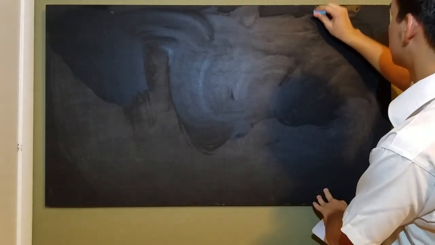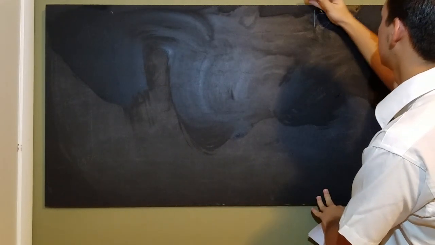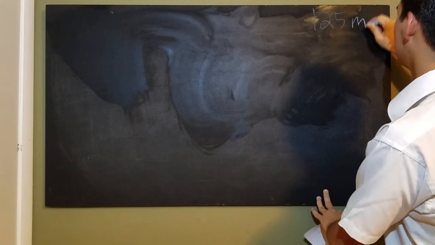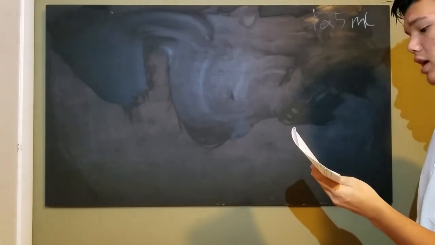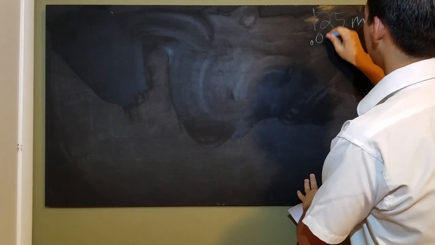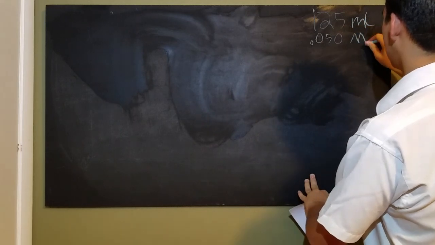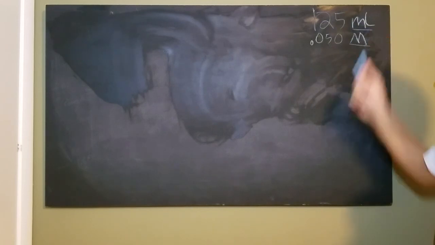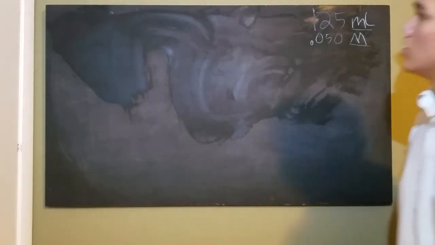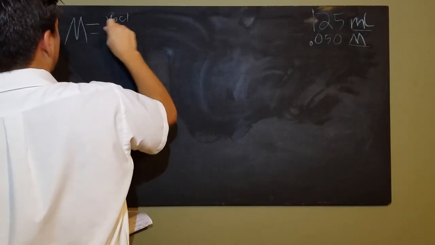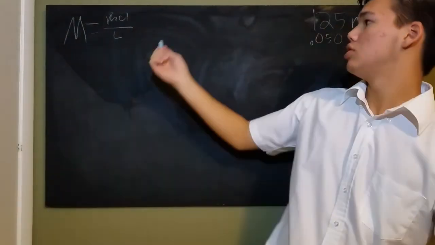You have 125 mL, and you have 0.05 molarity. So, something different here. This time you're given molarity and milliliters instead of liters and moles. So your formula of M equals moles over liters no longer works.